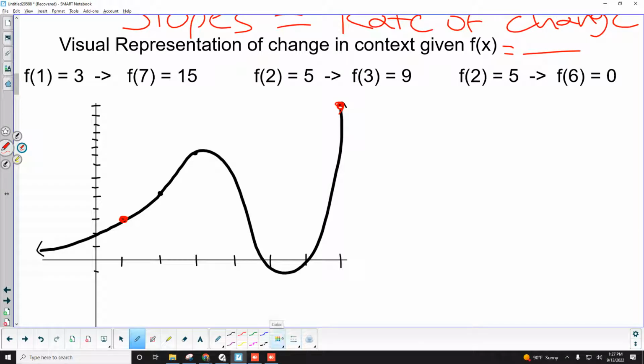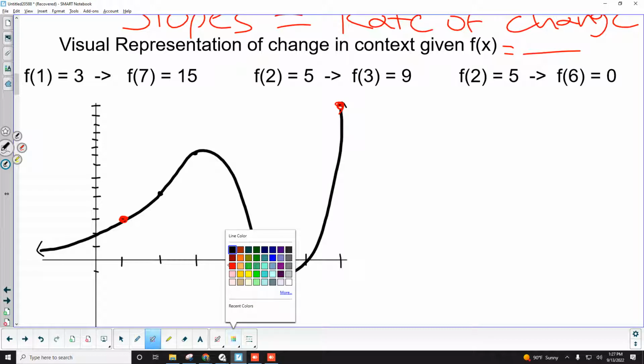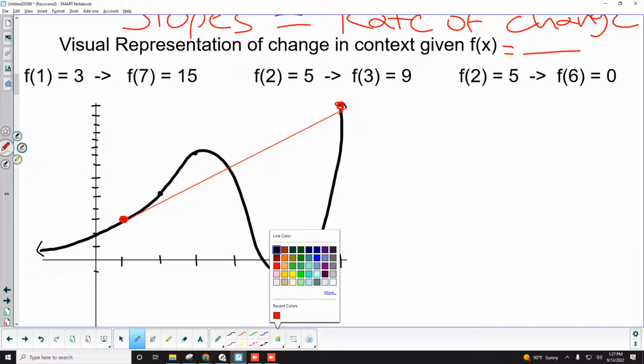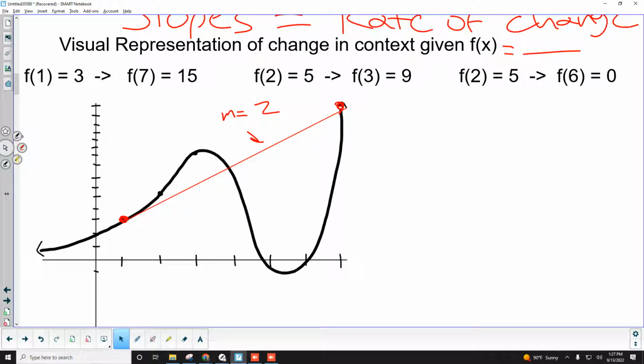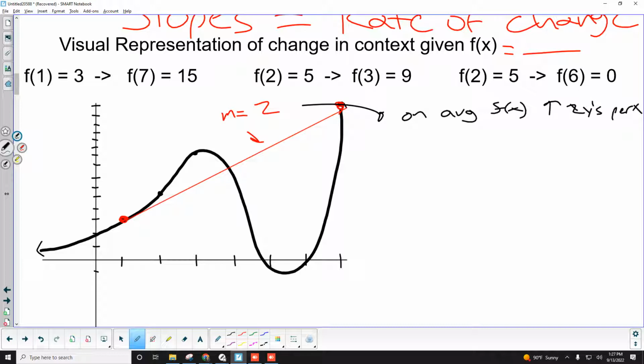If I connected these points with a line, and I calculate the slope of this line, and I found that the slope of this line was 2, what I can now say is, hey, on average, my function is going up 2 y's per x from 1 to 7.